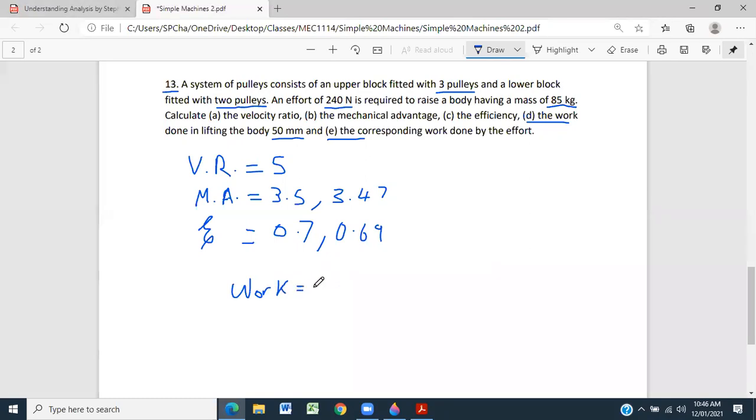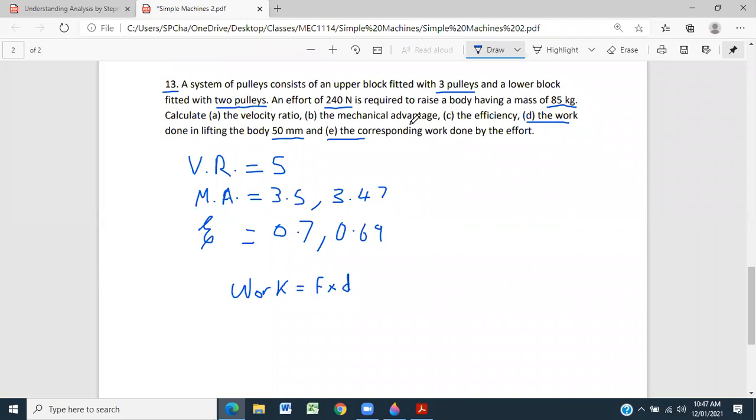So the work is 50 millimeters times the weight, so 85 kgs times 9.81, right? So to find the work, you don't really need to use the mechanical advantage, if you get what I'm saying.